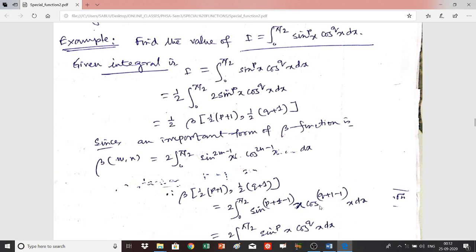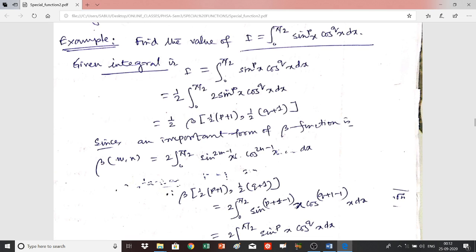And you know the general formula for beta m, n in terms of cos theta and sin theta is 2 into integral from 0 to pi by 2 sin to the power 2m minus 1 x and then cos to the power 2n minus 1 x dx. So comparing that we find from here that m is equal to (p plus 1) by 2, and from here also n is equal to (q plus 1) by 2.